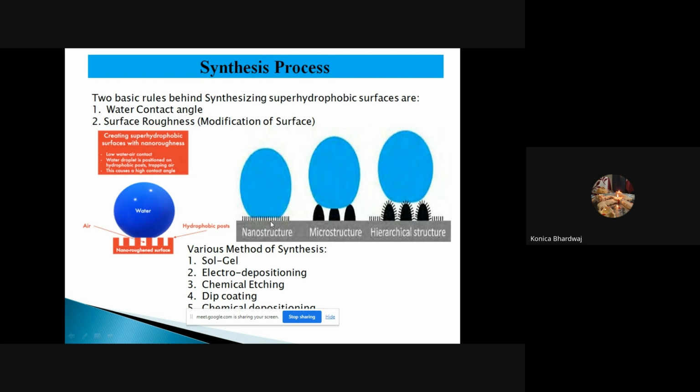If we create a rough surface, a nano surface or micro surface, or a hierarchical surface, hierarchical structure means the combination of micro and nano structure, in which the air is trapped among these grooves and the water and surface contact becomes less, and the angle increases between them, because the spherical shape of the droplet becomes perfect because of less affinity towards the surface.